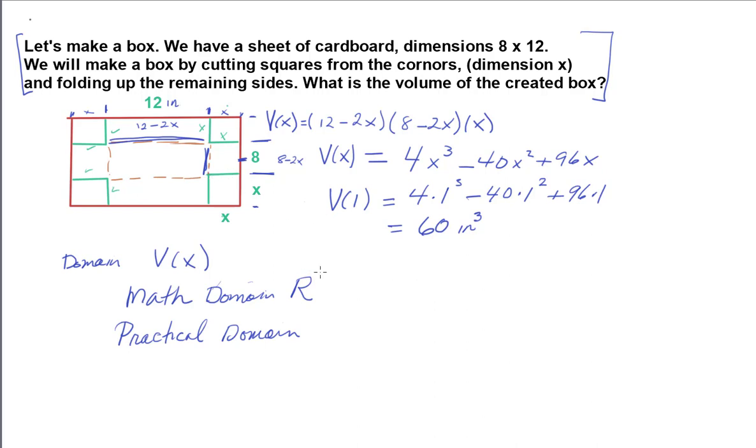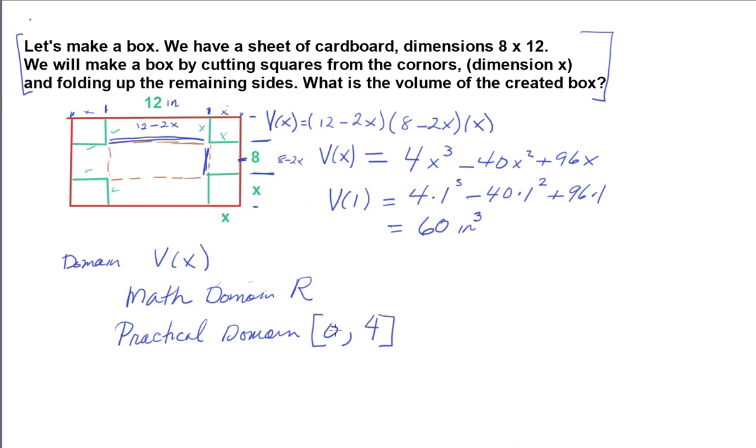So the domain would have to be the sensible values for x given the context: could be 0, I'm using interval notation, comma, so a square bracket because it could be 0, and up to 4, and I'll use a square bracket there also because 4 will make sense, but it's going to give you a volume of 0.